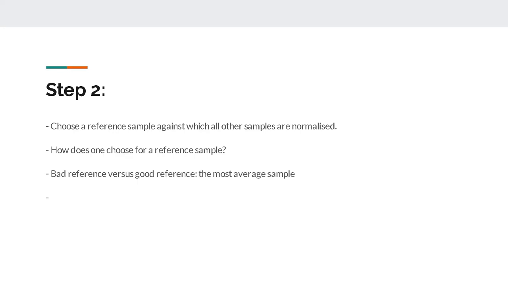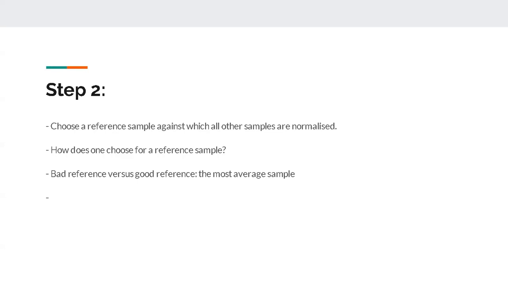Now, the idea is to choose a reference sample against which you will be normalizing all the other samples. This would help us take care of the bias that might come from differences in the composition of RNA. The next question is, how does one choose a reference sample? What could be a bad reference versus a good reference?